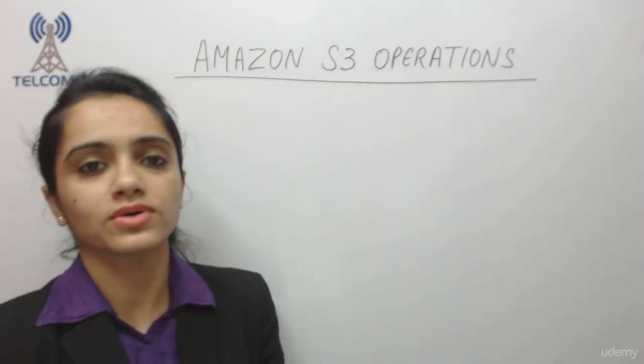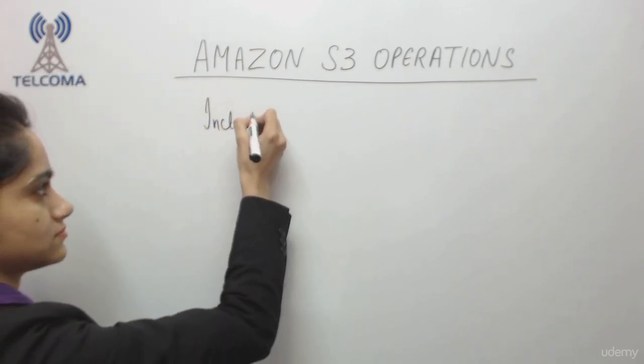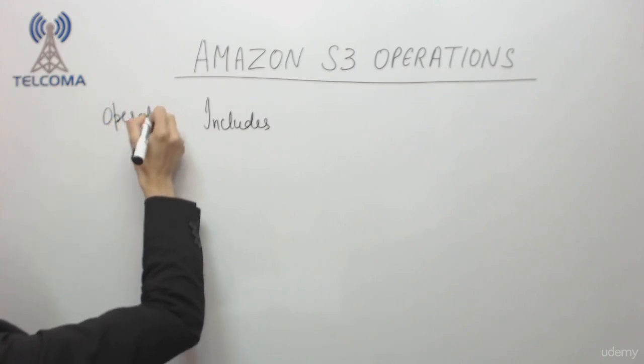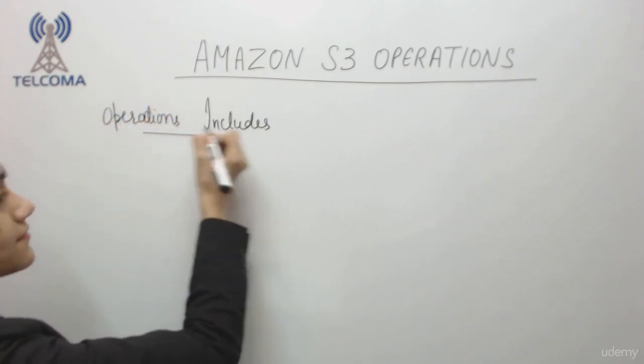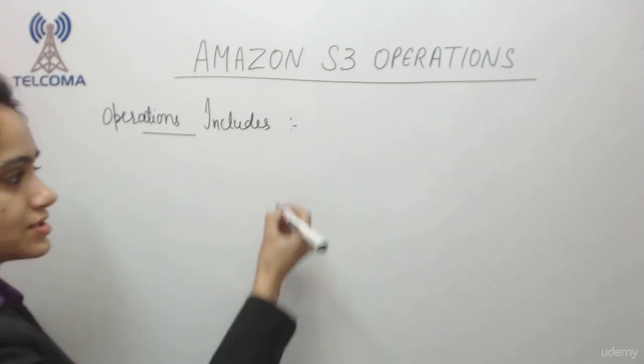Its application programming interface is simple, with only a handful of common operations. Because it is a simple interface, we have some operations which it includes. Now what are the operations?